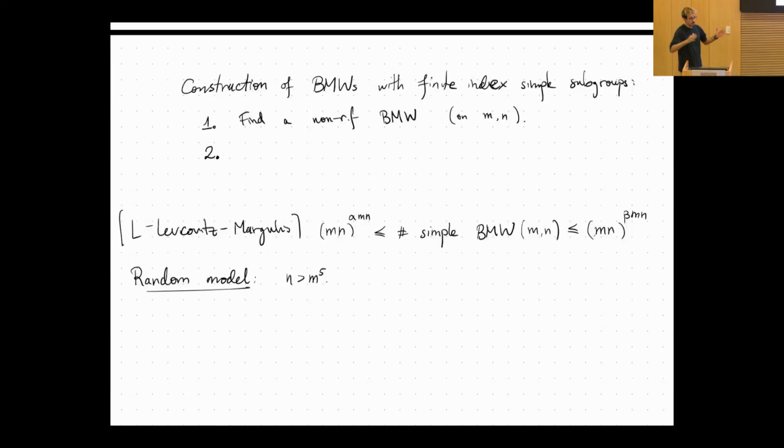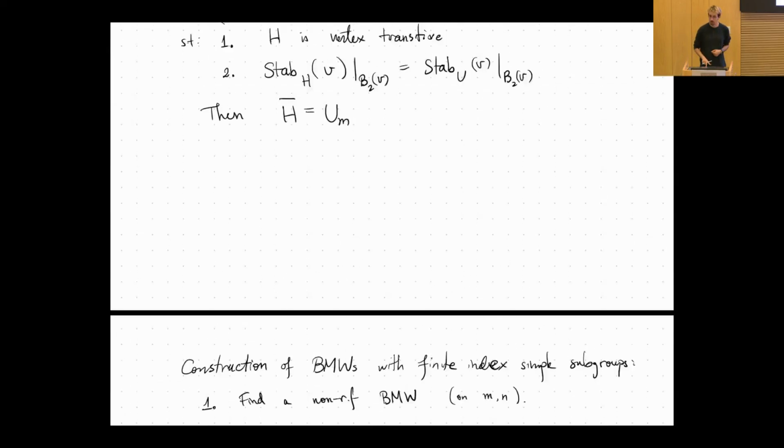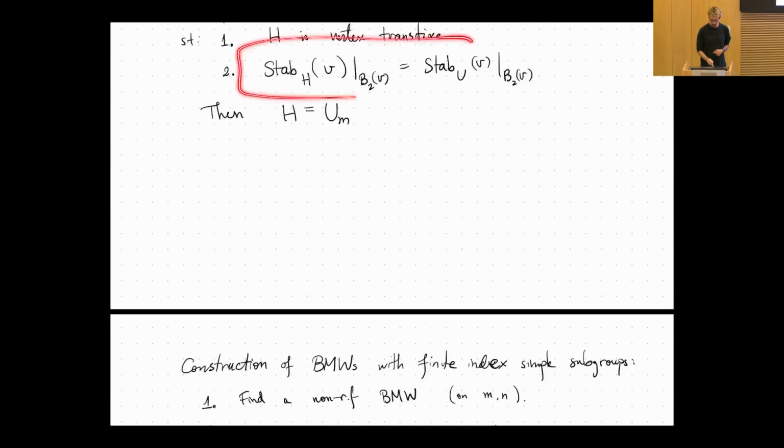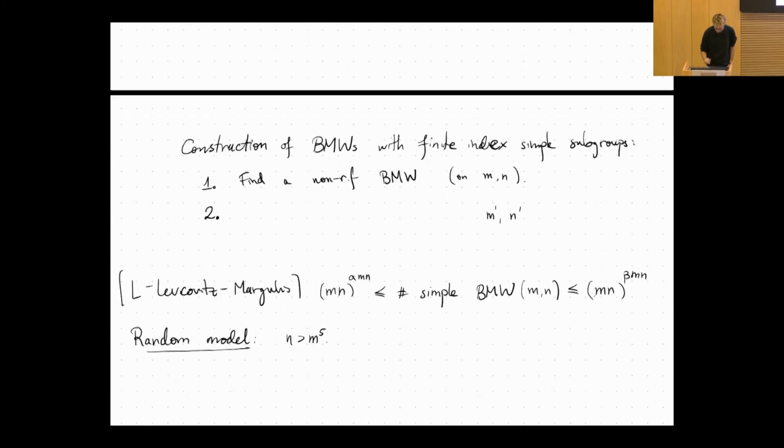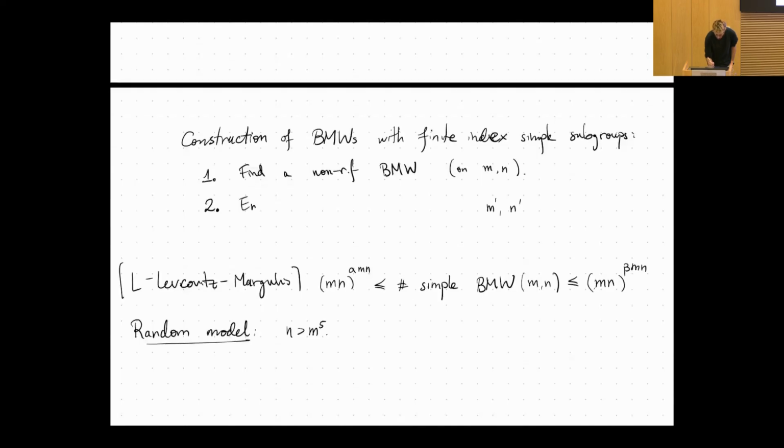And now just enlarge your sets M and N to some M prime and N prime, and add enough relations to guarantee that locally you satisfy those conditions. Okay? That locally you see enough of those automorphisms. So enlarge the BMW.